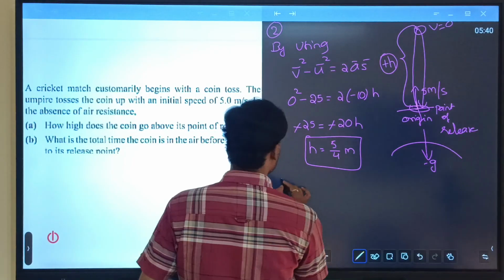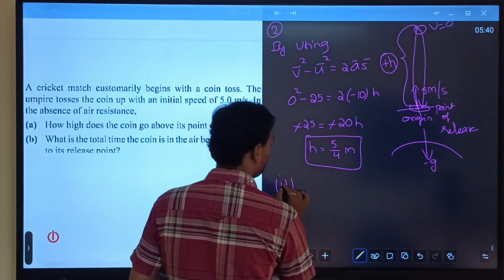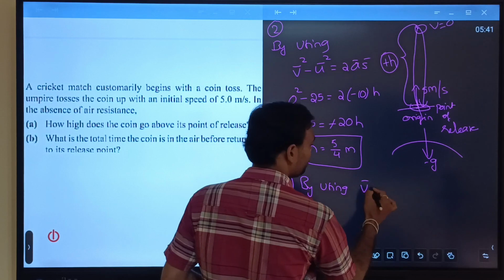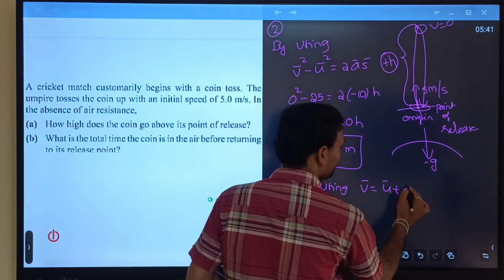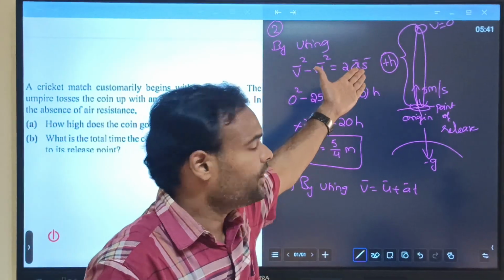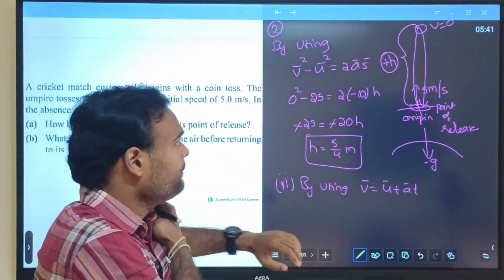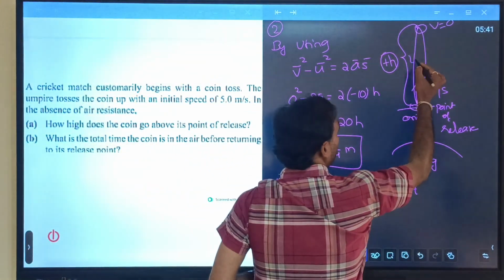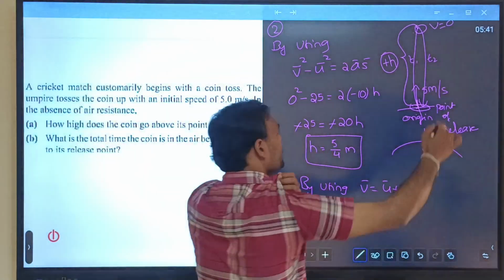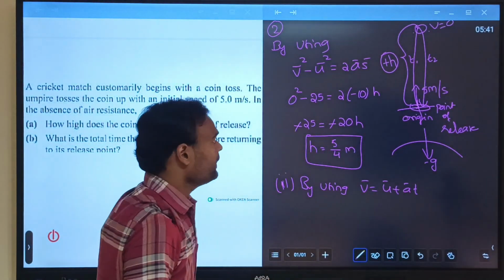For the second question, by using v equals u plus at, because we know initial velocity, and we know final velocity as 0, right? I am considering t1 as the time taken to reach from here to here, and t2 the time taken to reach from here to here.